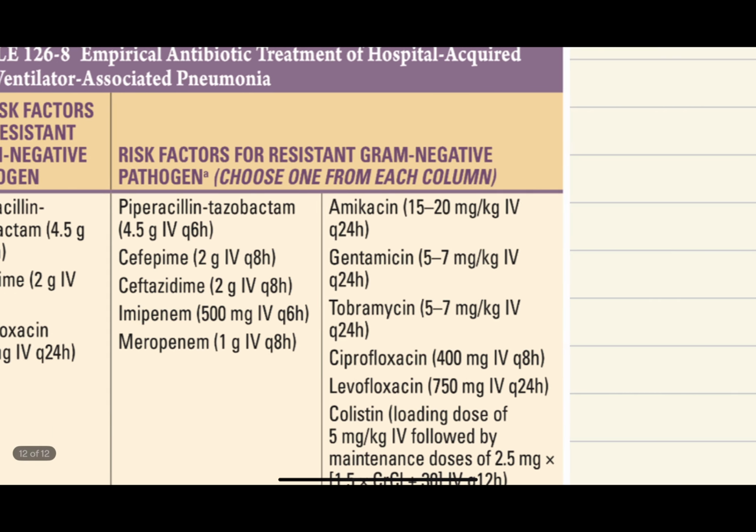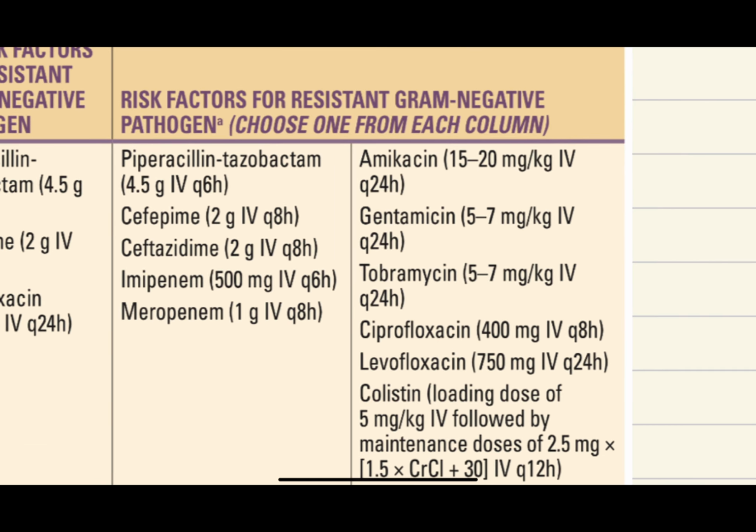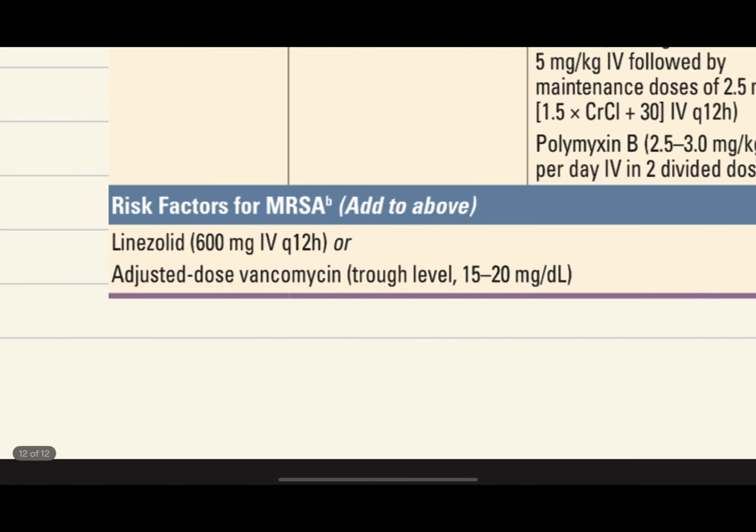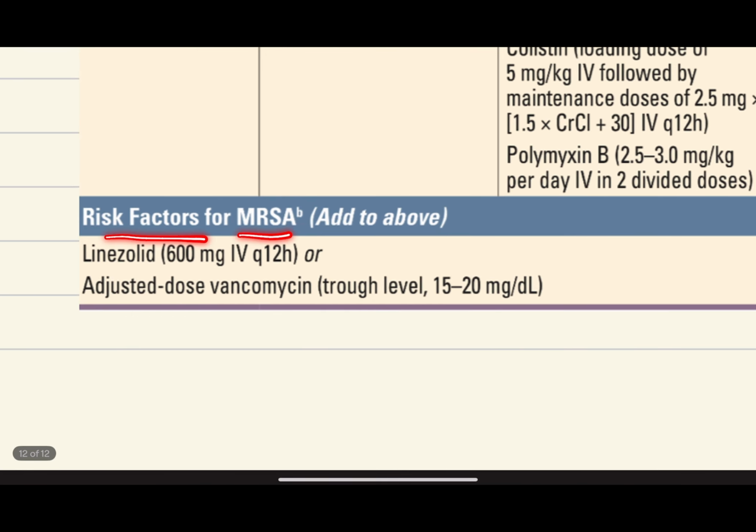If the patient has risk factors for resistant gram-negative pathogens, then you can give them double coverage such as a beta-lactam like piperacillin tazobactam combined with gentamicin, which is an aminoglycoside. If the patient has risk factors for methicillin resistant Staphylococcus aureus, then you have to add vancomycin or linezolid to the above drugs.